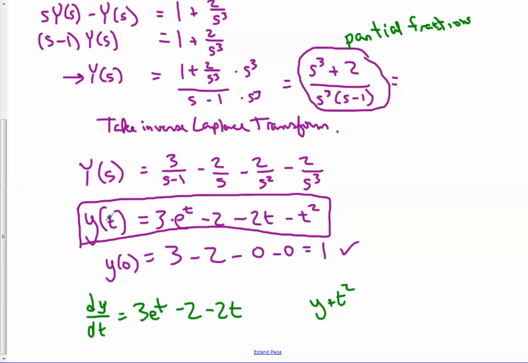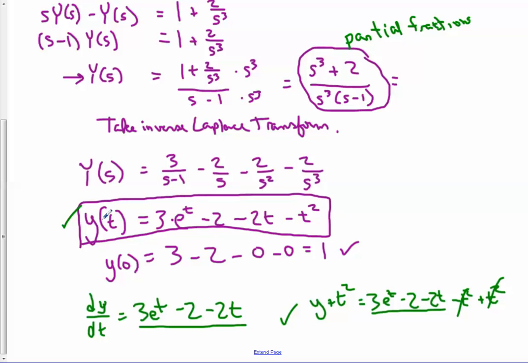Just take our proposed solution, 3e to the t minus 2 minus 2t minus t squared, and then plus t squared. And those go away, and we get 3e to the t minus 2 minus 2t, 3e to the t minus 2 minus 2t. Check. So yes, it satisfies the differential equation. It satisfies the initial condition. We know we are right. This is the answer.